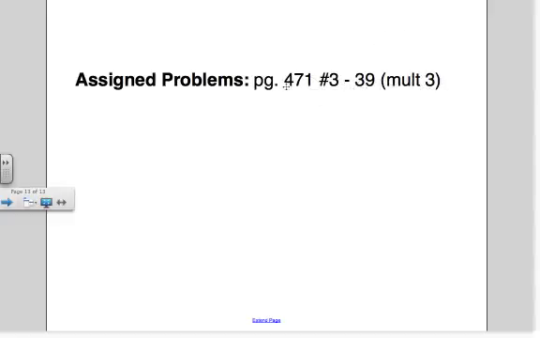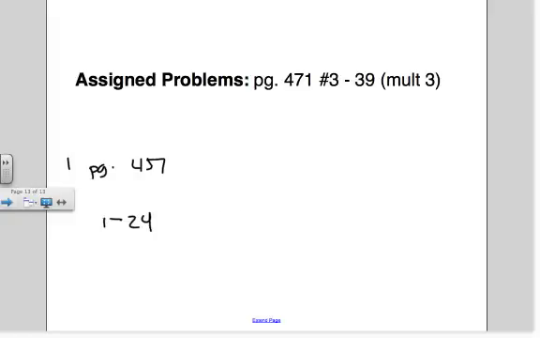Now, what you need to do for the rest of class is we have a test next class, so you need to go to page 457 in your book, okay, and do all of the problems 1 through 24.